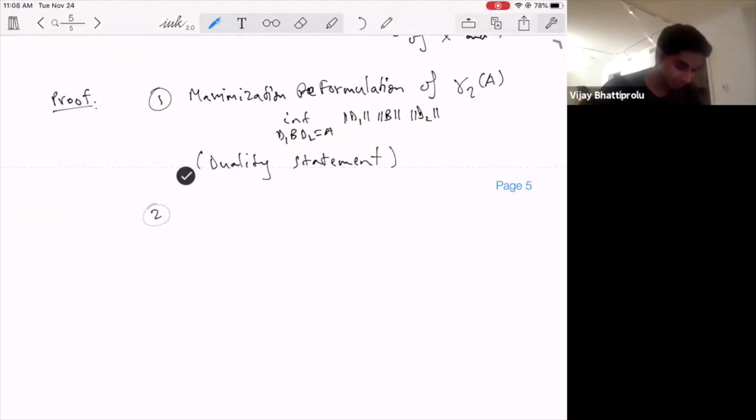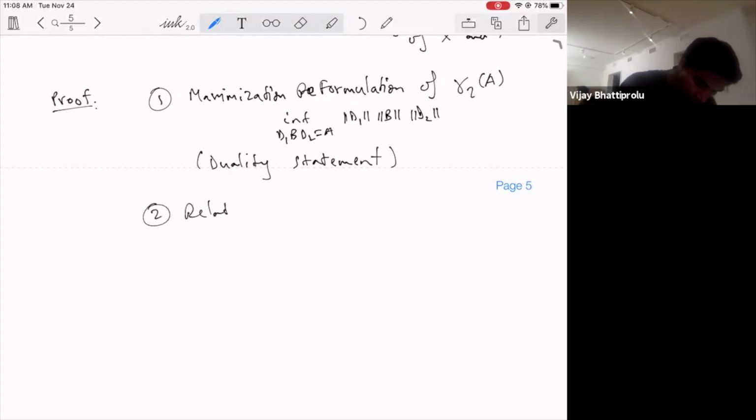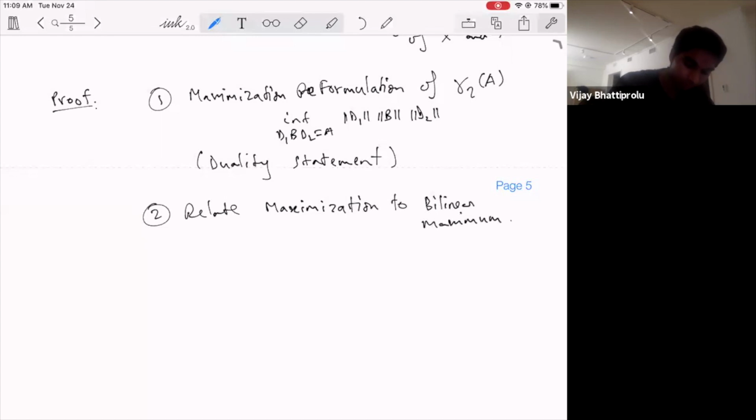And the second ingredient is an inequality relating the maximization to the original objective, which is the bilinear maximization, or the operator norm, in other words.